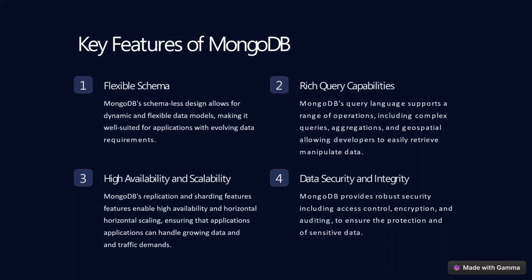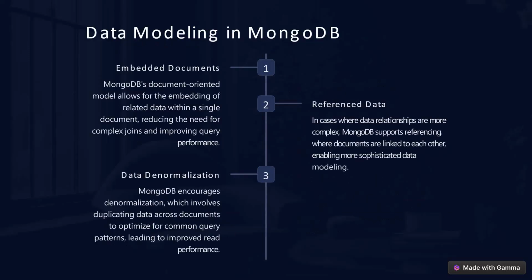MongoDB's replication and sharding features enable high availability and horizontal scaling, ensuring that the application can handle large amounts of data and traffic demands. Data security. MongoDB provides robust security, including access control, encryption, and auditing to ensure the protection of sensitive data. Data modeling in MongoDB.